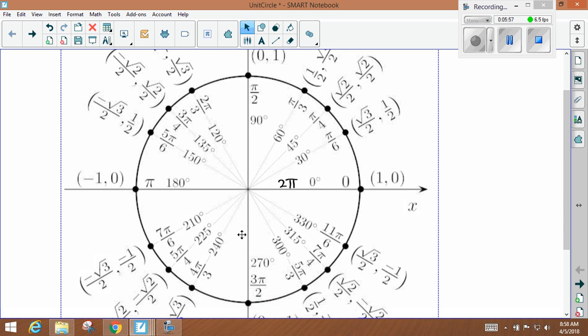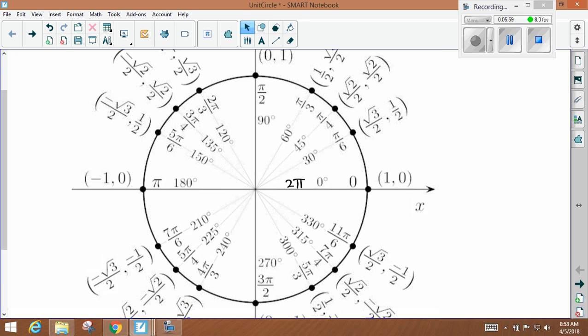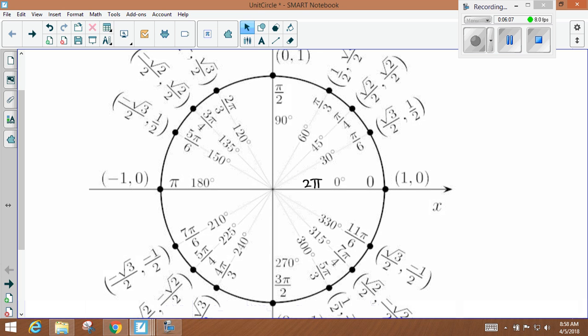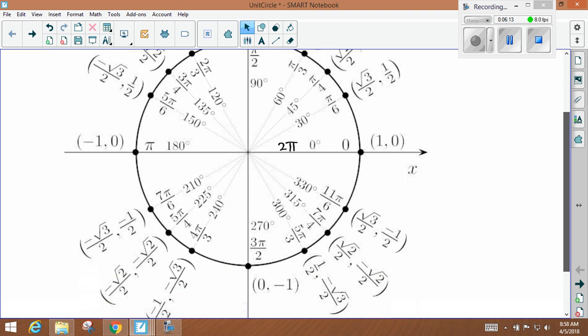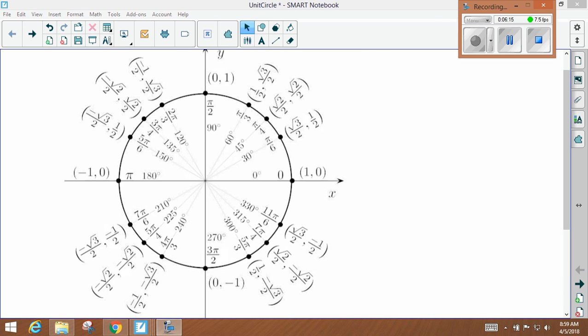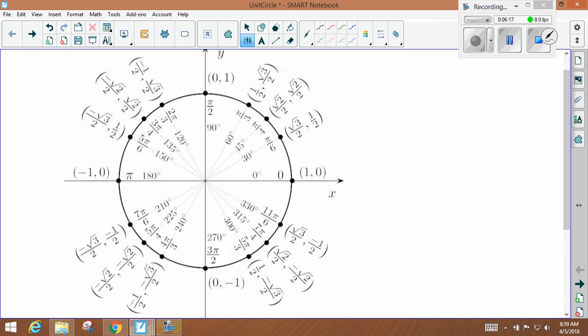Okay, so how did this work? We went 360 degrees, right?